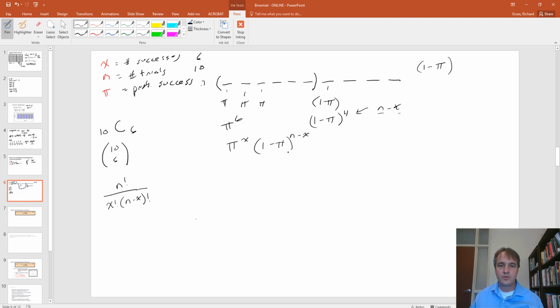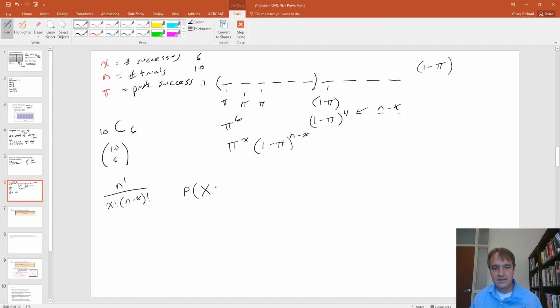So we're going to have one of these for each possible selection of 6 successes. So putting it all together then, we're going to say, okay, so the probability, and x is our random variable, which is going to denote the number of successes.